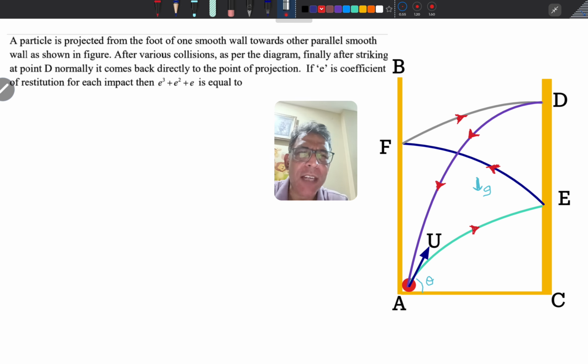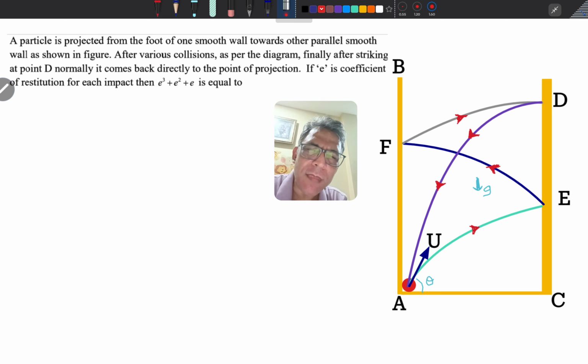The ball will move like this: collide here, here, then here. It will collide here normally, then become a horizontal projectile and reach back to the same point. It is projected here with speed u at an angle theta.